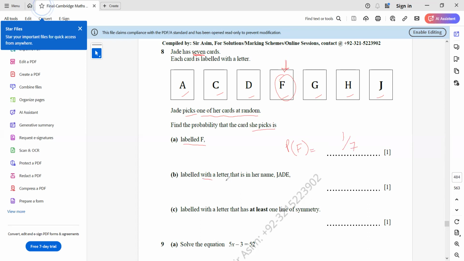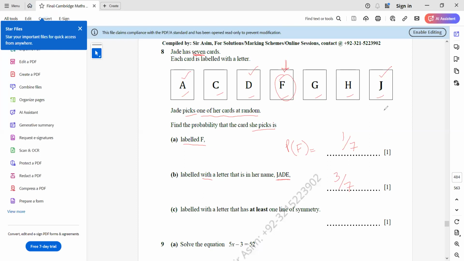Then labeled with a letter that is in her name, Jade. So J is already there, A is already there, D is already there, but E is not there. So how many of the letters from the given cards are found in Jade's name? Yes, 3. So 3 out of total 7.